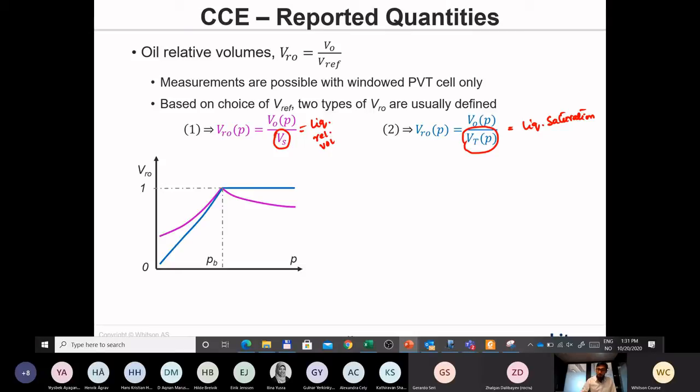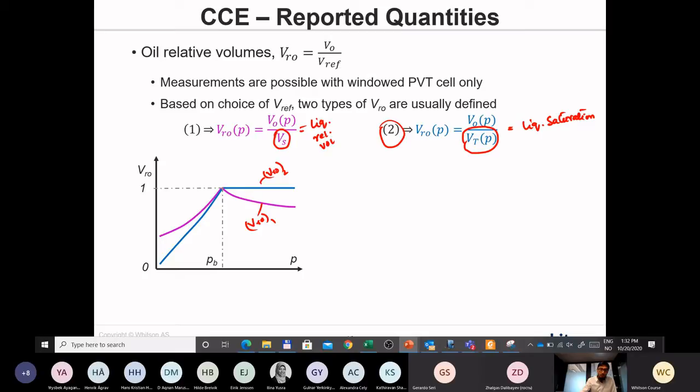If we plot this VRO curve for a bubble point system, this number 2 is our VRO 2, and this is VRO 1. You see that VRO 2 should be equal to 1 until the bubble point, because the total volume and the oil volume are the same.